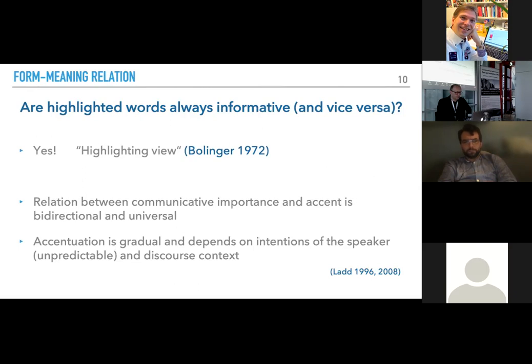It's based on functionalist approaches by Daneš and other Prague School people, and also Halliday and Schwarzschild, which is strictly pragmatic in nature.